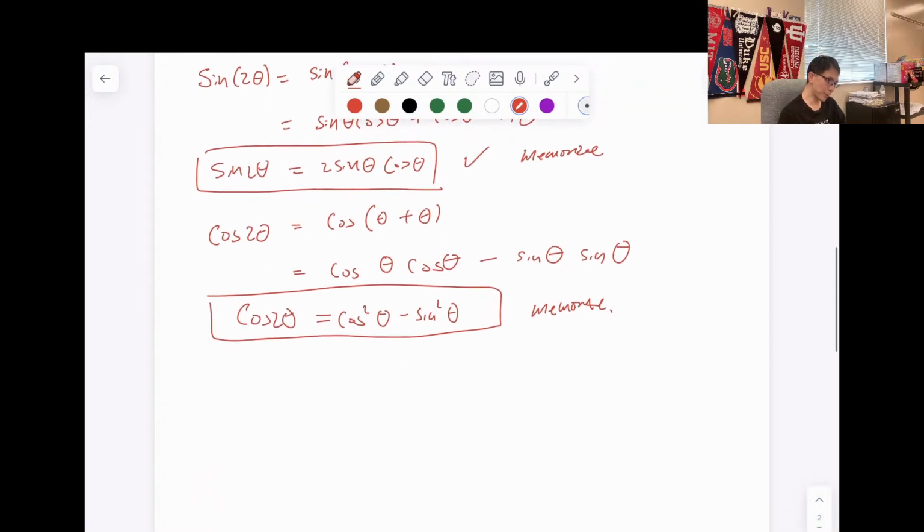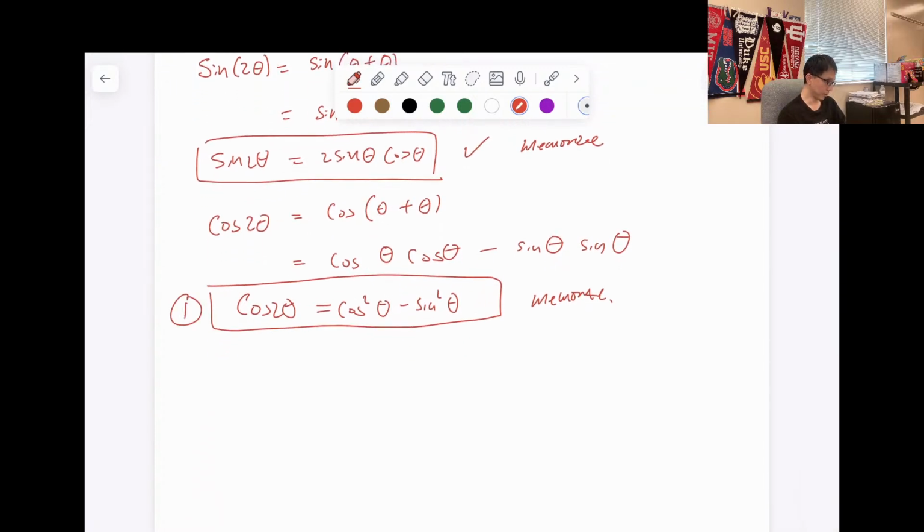Now remember, this is only the first double angle identity for cosine. There are two others. Cosine 2 theta is equal to this one, and I'm going to change cosine squared to 1 minus sine squared theta because sine squared theta plus cosine squared theta is equal to 1.